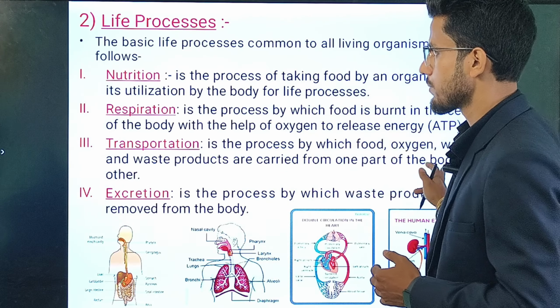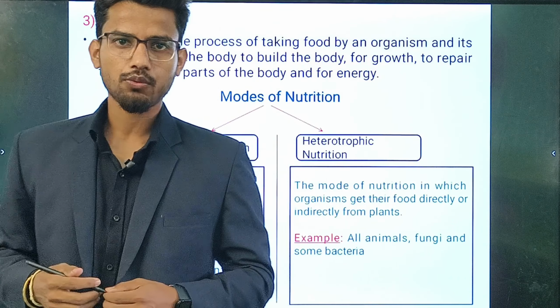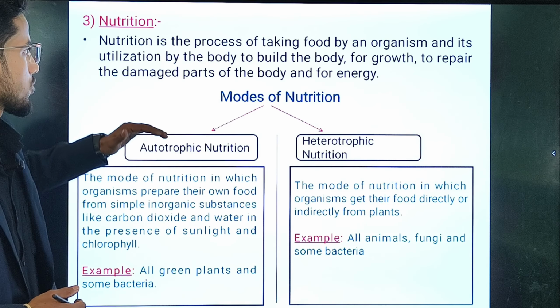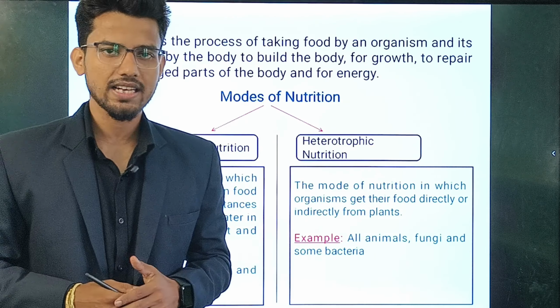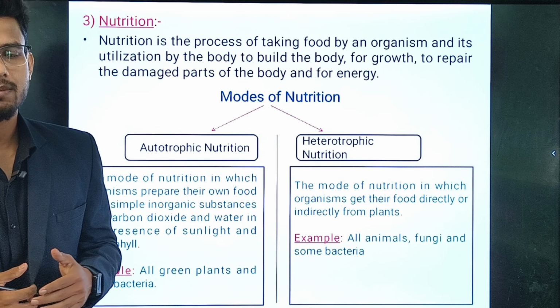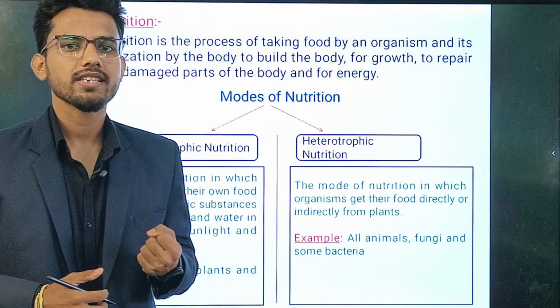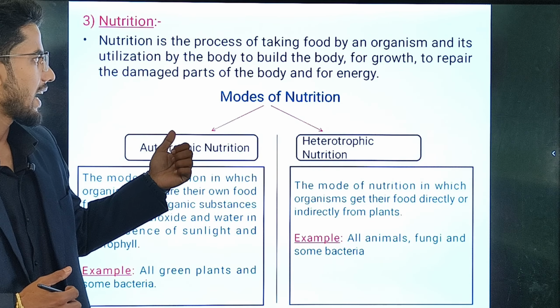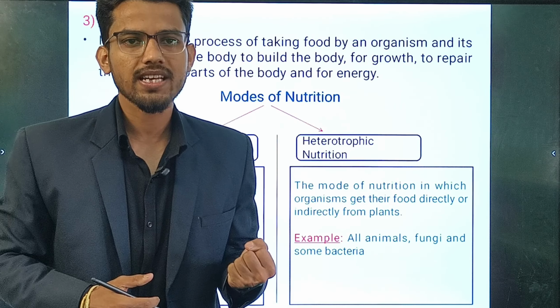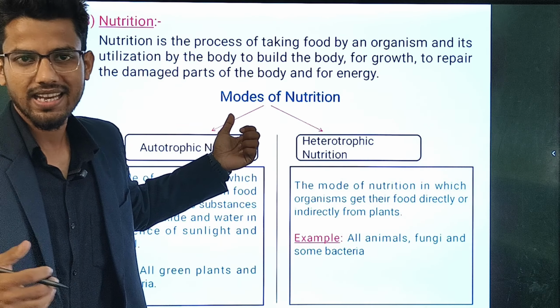Moving on, starting with the first part, which is nutrition. As I have already stated, nutrition is the process by which a living organism takes up food and utilizes it for various bodily functions, and these functions are mainly to get energy.